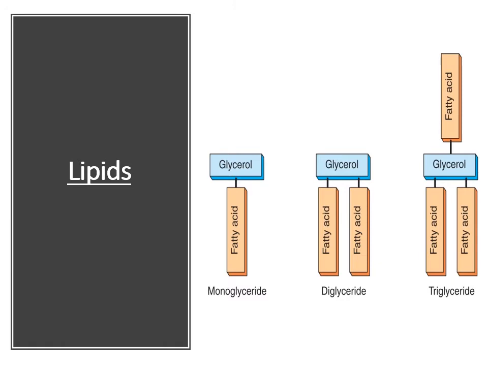When we're describing a lipid, it just depends on how many fatty acid chains they have that are hanging off the glycerol. So monoglyceride, diglyceride, or triglyceride lipids, just dependent on the fatty acid chains. Okay, we'll go to the next slide and we'll look at some uses of lipids in the body.